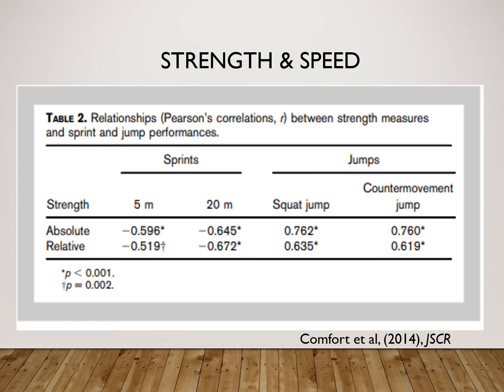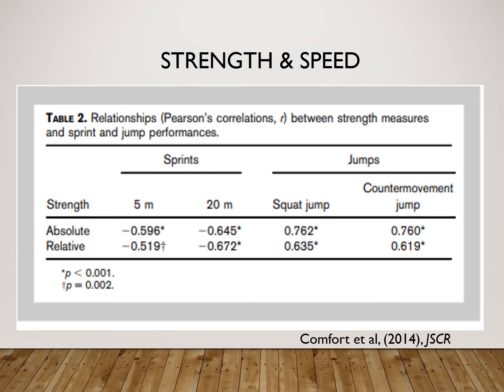And I just wanted to highlight here the link between different metrics of speed and absolute and relative strength. Okay, so here they've taken absolute and relative strength measures using a squat in young footballers, and you can see there's a correlation with a number of different factors here.